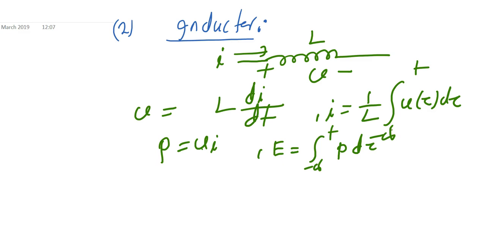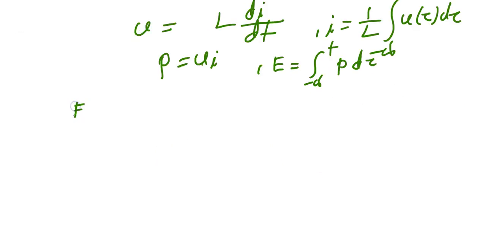I'll just derive that one. Energy by definition is from 0 to final time: at what time, and how much energy is stored. So I have to integrate from 0 to TF. I am assuming that current and voltage start at t equal to 0.